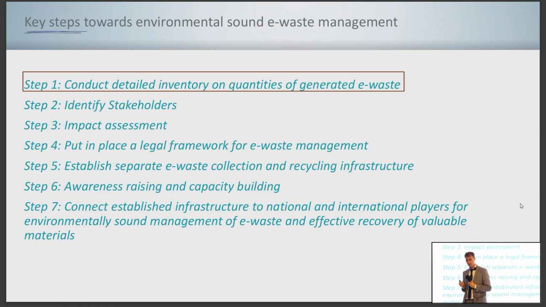It's much better to have a framework specifically for e-waste management, and this coincides with setting up collection points and recycling infrastructure, raising awareness with the public, and building capacity with e-waste managers, collectors and legislators, and then also connecting the systems that you have in your country to the international scene. E-waste management is not something that you do only in your country, it's a global market.